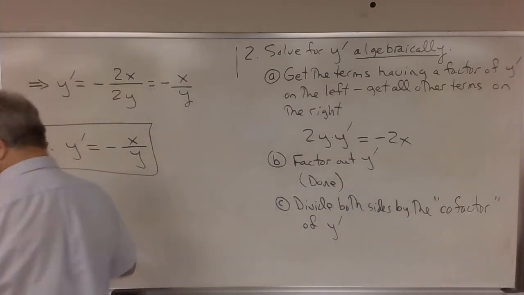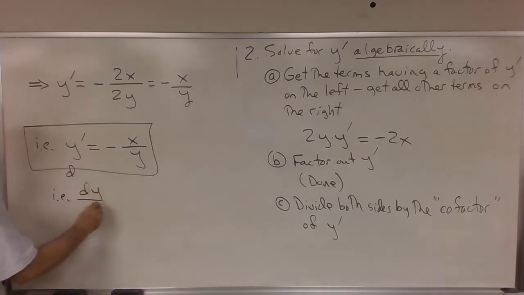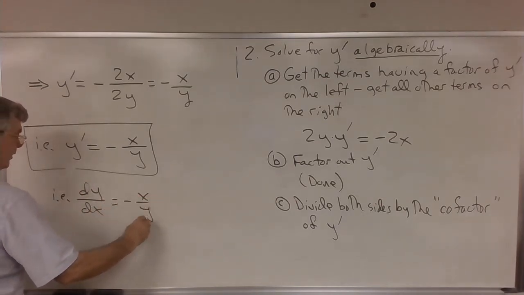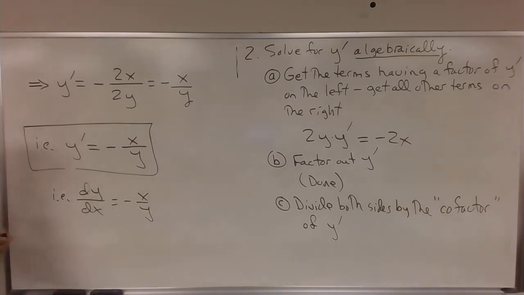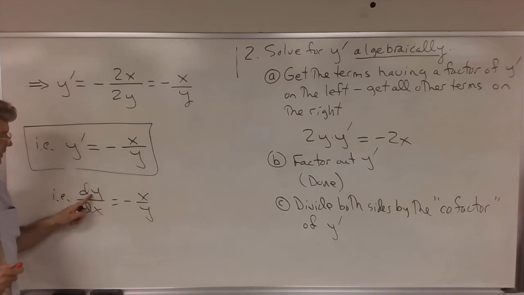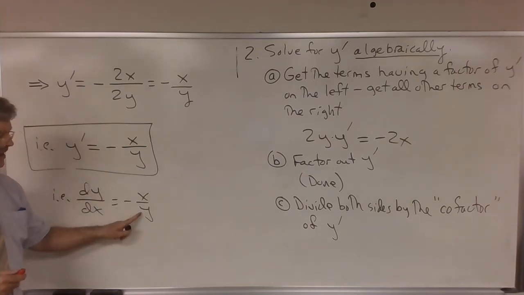This is y prime, alias dy dx. And I want the derivative of y written as a function of x. But I don't really have that. I have the derivative of y written as a function of both x and y. I don't like that.